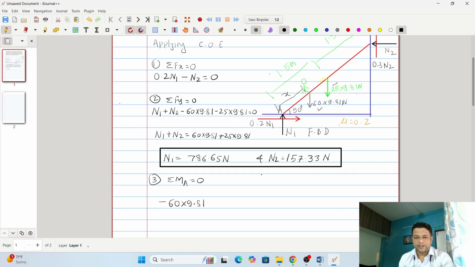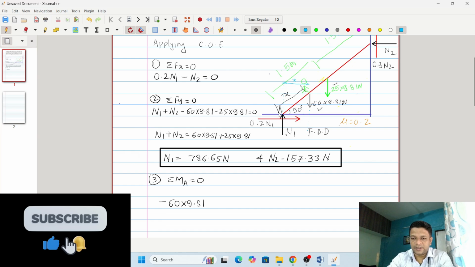Now what is the perpendicular distance? To calculate the perpendicular distance, we can draw a vertical line passing through this force, and the same vertical line passing through A. In between them, this is the horizontal distance, equal to a. This distance can be calculated by using a triangle. So we'll consider this triangle from here to here, here to here.